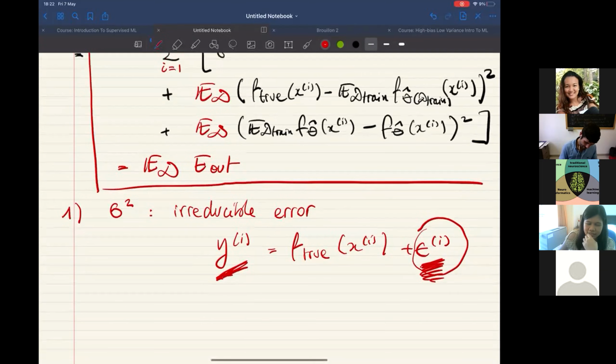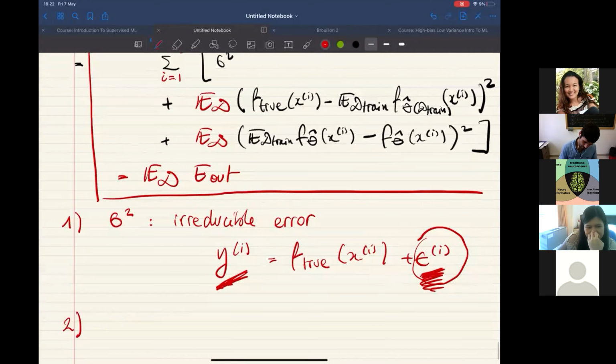Then we have a second type of error, which is the term here.